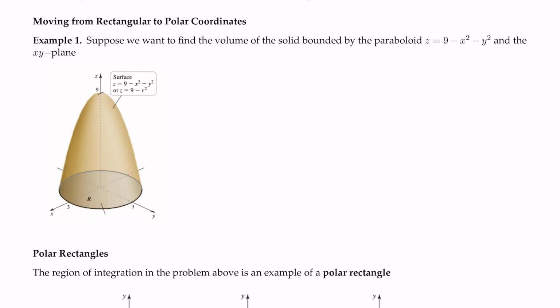Notice that the intersection of the paraboloid and the xy plane, z equal to 0 in this case, is the curve 9 minus x squared minus y squared equal to 0, or x squared plus y squared equal to 9.